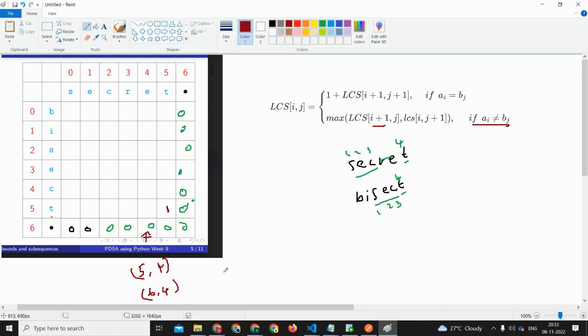And we also have 5 comma 5. What is the value of 5 comma 5? It is 1. And 6 comma 4 is 0, and the LCS of this is going to be 1. What is the maximum of 0 and 1? You need to put 1.